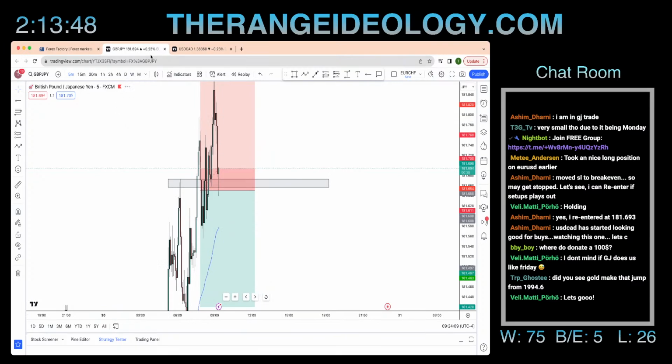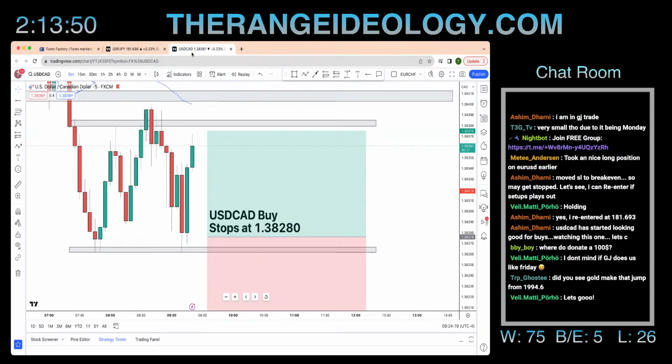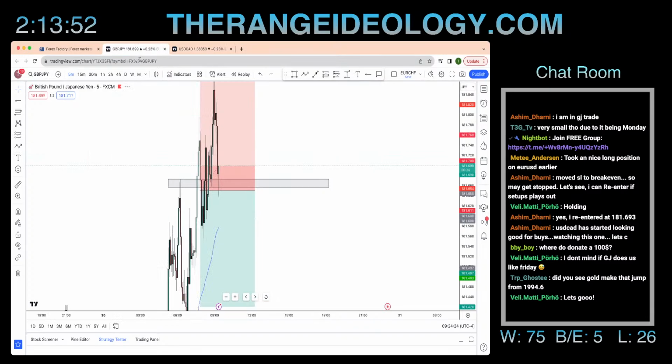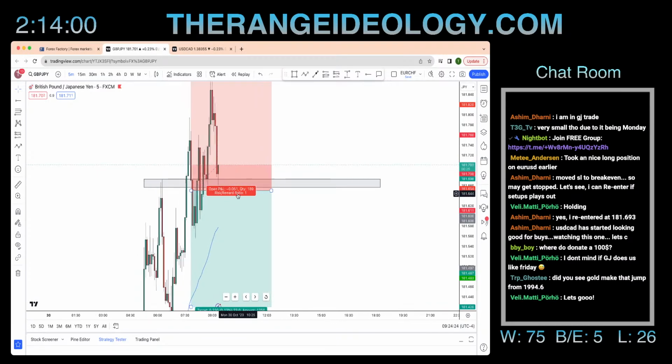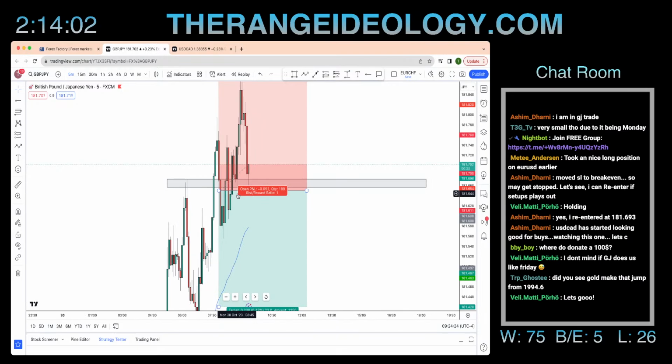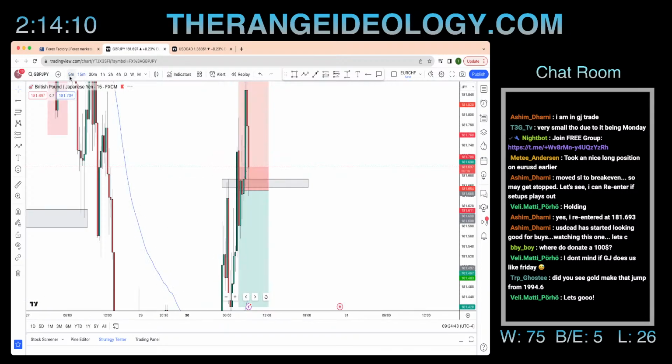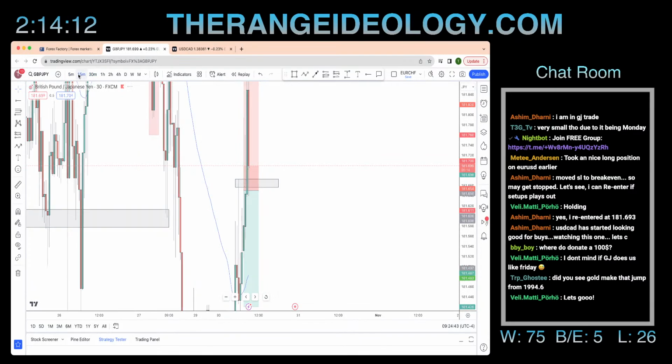Come on, GJ. This does not push past this area, guys. Okay, another 5-minute candle coming, and then we'll also have a 30-minute and 15-minute candle close.